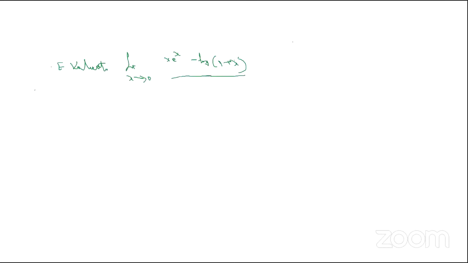Suppose that is the given question. We need to substitute x tends to 0 first in the numerator and denominator. If you get 0 by 0 form, this is an indeterminate form, so we have to use L'Hopital rule.